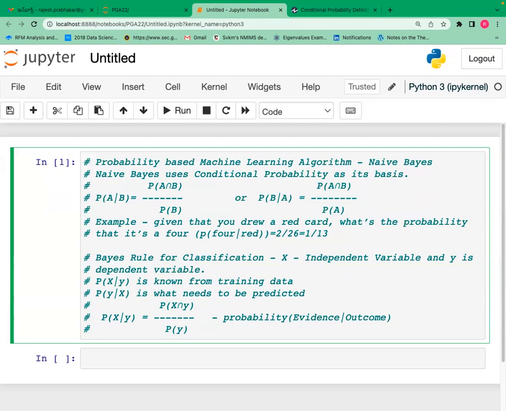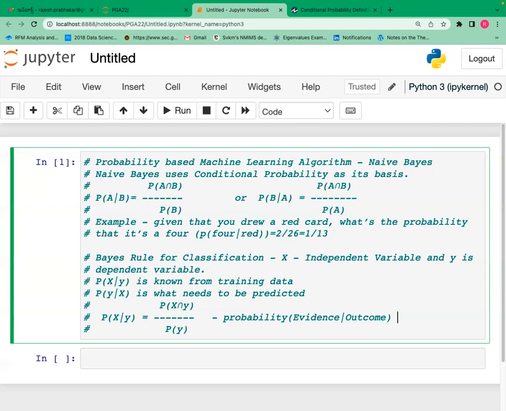Y is your dependent variable. Take for example, X can be the height of the person and Y can be gender, male or female. Based on the height of the person, you are predicting whether the person is male or female. X is the independent variable, Y is the dependent variable. There is no variance and all here.